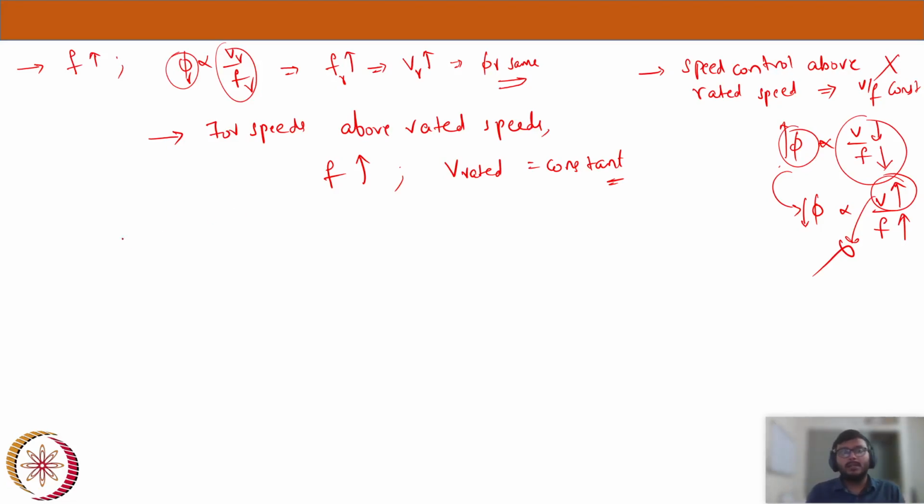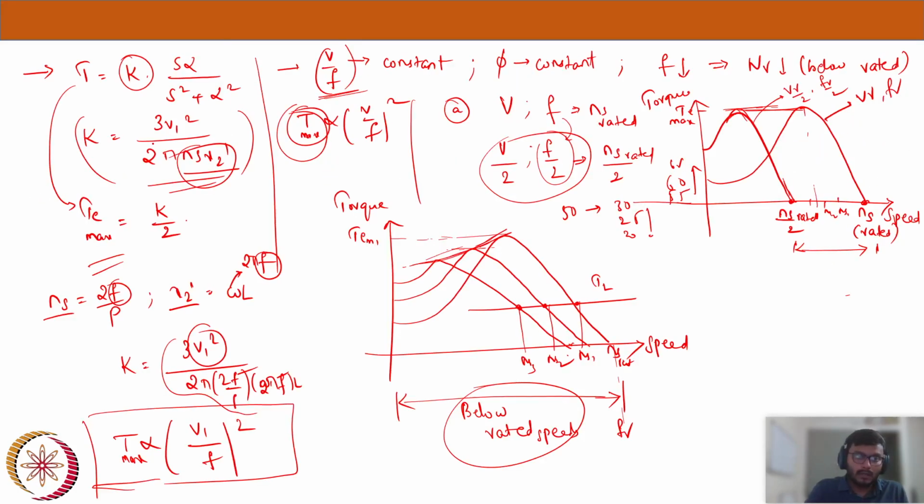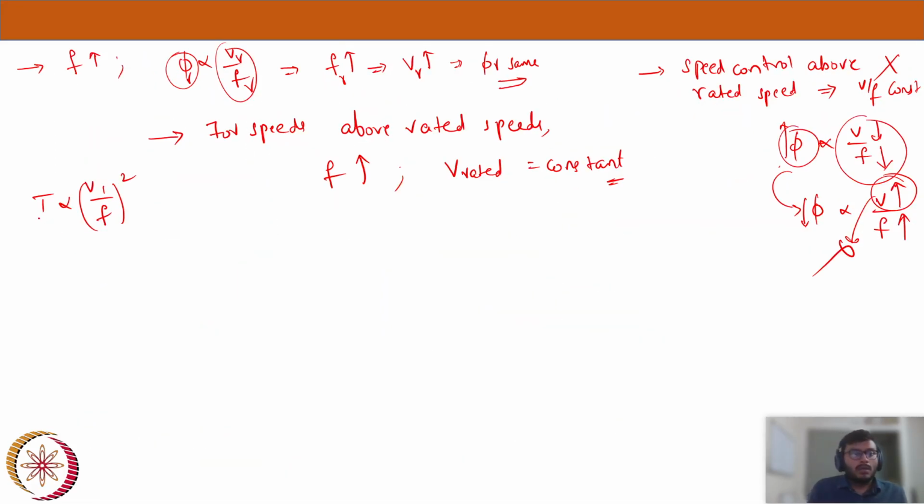Again, simple formula. The torque is proportional to V1 by F whole square. That's what we got from here, this maximum torque. Now V1 is constant, so my maximum torque will vary inversely with the square of the frequency. If I increase the frequency a bit, my torque will go down by the square of that.